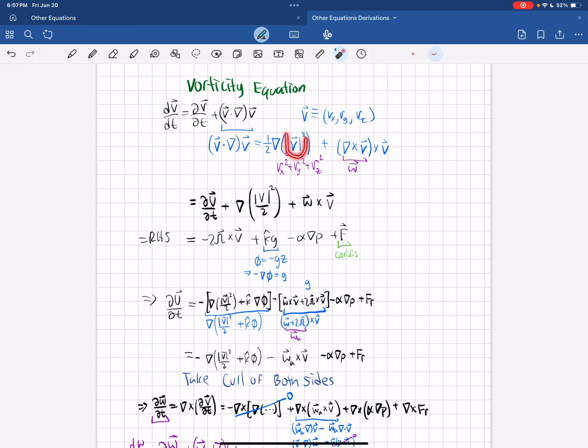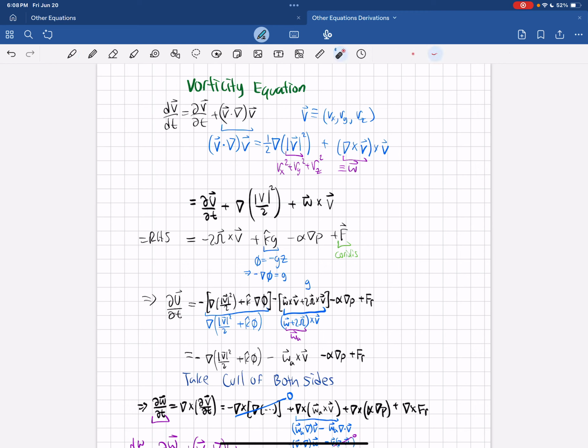This magnitude term, if you write it out, is vx squared plus vy squared plus vz squared. That is essentially kinetic energy if you include the 1/2, so it's essentially the gradient of kinetic energy. And this curl term, we call vorticity, and we define it as omega.